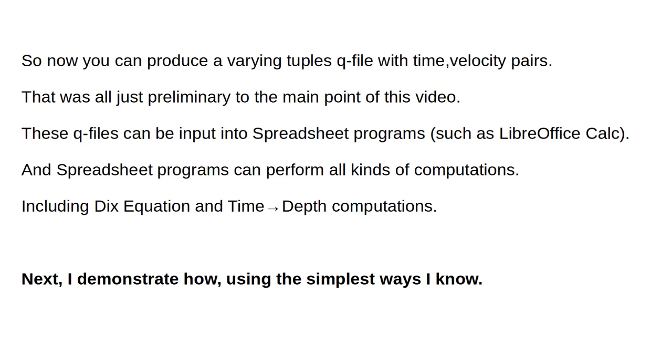These Q files can be input into spreadsheet programs such as LibreOffice Calc, and spreadsheet programs can perform all kinds of computations, including Dix equation and time-to-depth computations. Next, I demonstrate how using the simplest ways I know.